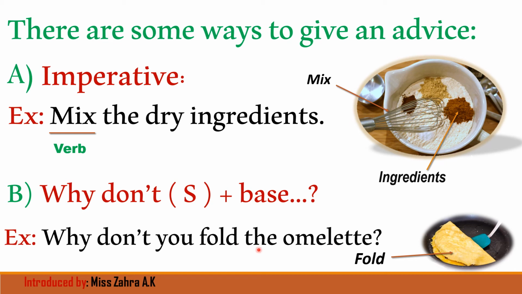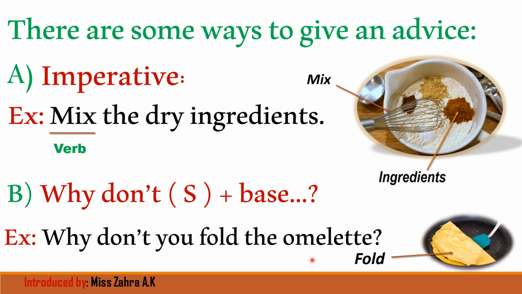Why don't you fold the omelette؟ لماذا لا تطوي عجة البيض؟ So we see it is giving advice about this omelette. I give advice to him to fold the omelette، يعني هنا أعطي نصح أو أبدي النصح when he cook something, cook eggs but he don't fold it, so I say to him or give advice to him so why don't you fold the omelette؟ لماذا لا تطوي العجة؟ إذن هذا نوع من النصح.